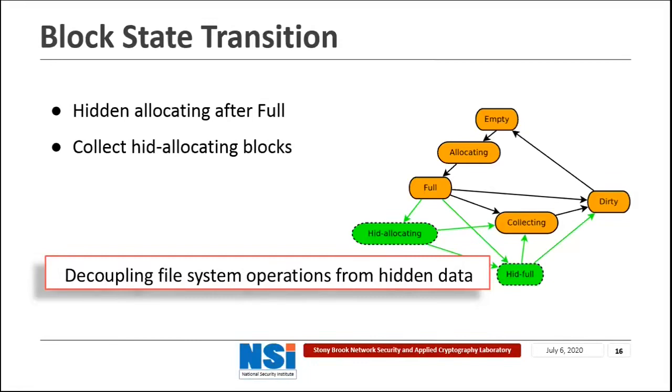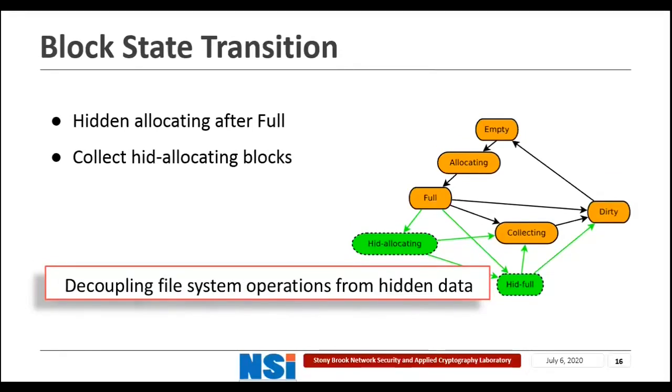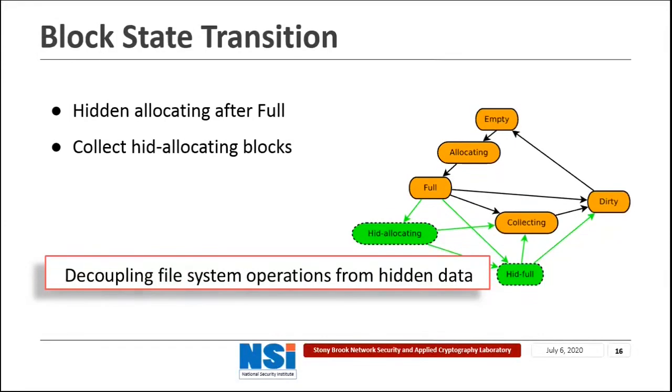In order to not interrupt the original block state transition, we require that only pages in full state can be allocated for hidden bit write. What's more, whether a block should be garbage collected in INFUSE has nothing to do with whether any hidden data is stored in that block or the state of any hidden data in the blocks.